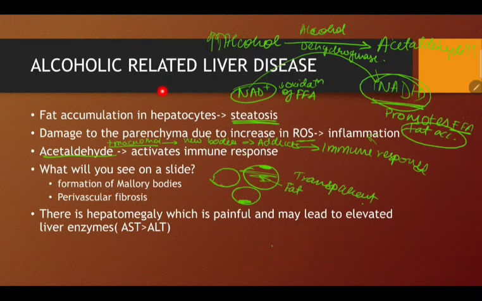And then there is formation of Mallory bodies, which are aggregates of these string-like eosinophilic bands, and perivascular fibrosis around the portal vein. Naturally, all of this will lead to hepatomegaly, that is increased size of the liver, and it'll be painful because this can lead to inflammation. Again, elevation of AST and ALT would be there, but in this case there'll be an increase of AST more than ALT.